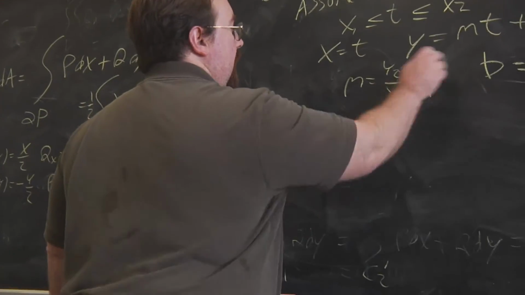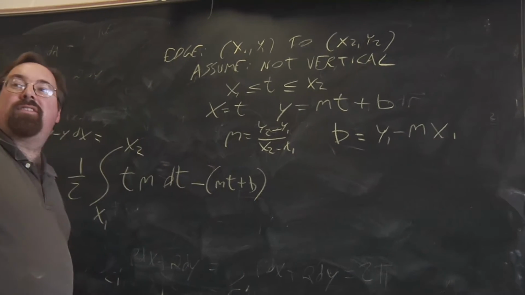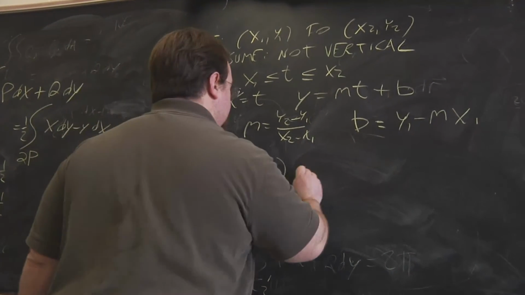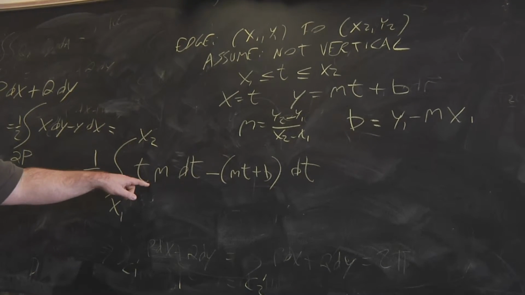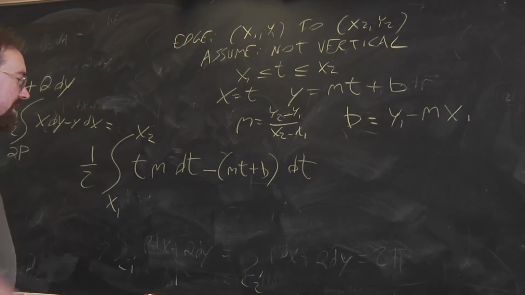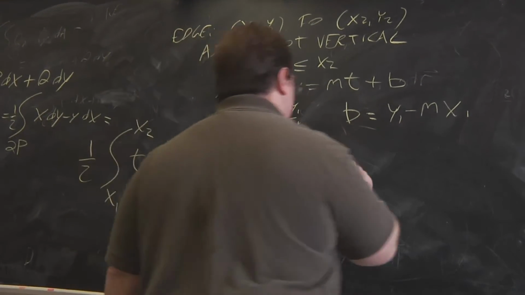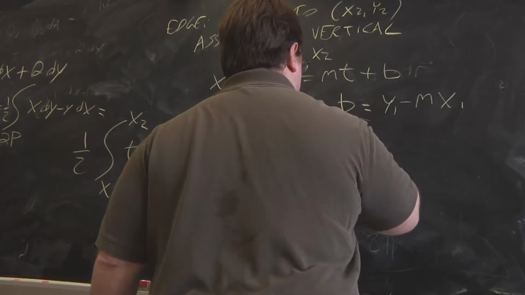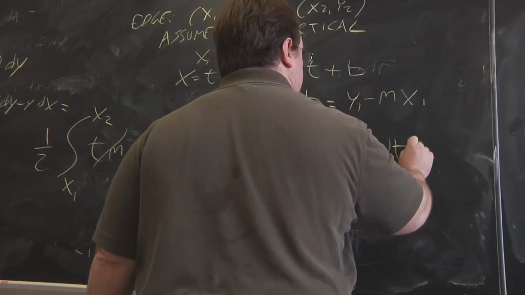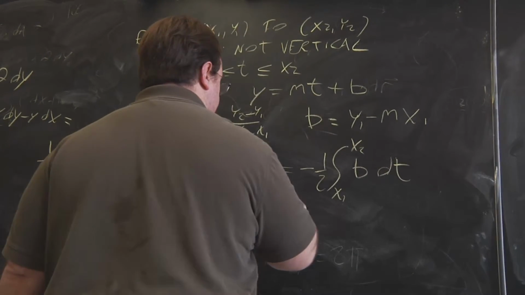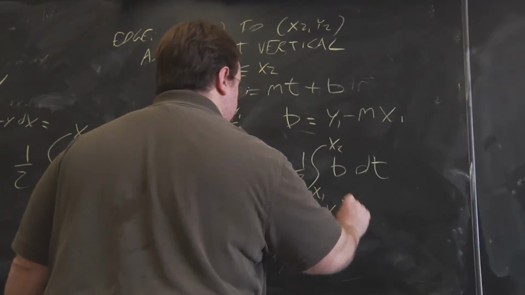Minus y, which is mt plus b, dx, and dx is just dt. Well, we have t times m, and m times t, gone, gone. That worked out nicely. So now we have minus 1/2 the integral from x1 to x2 of b dt, but that's just a constant, so it's going to be minus 1/2 b times x2 minus x1.